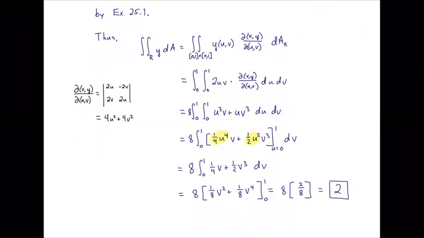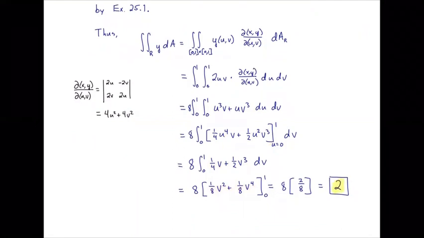Apply the limits of integration from 0 to 1. That's nice and clean. 0 just contributes factors of 0, so we add 0 to it, and nothing really changes. And we have the following as an integral in v. Power rule with respect to v leaves us with this expression, and we come out to ultimately 2.